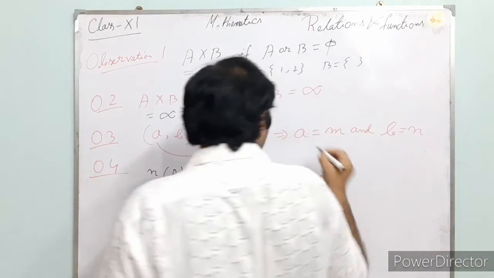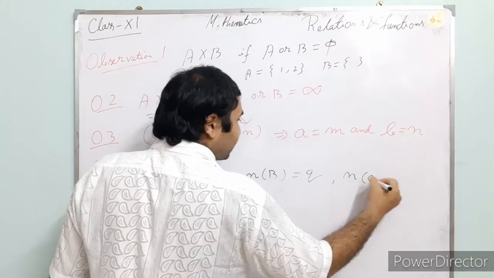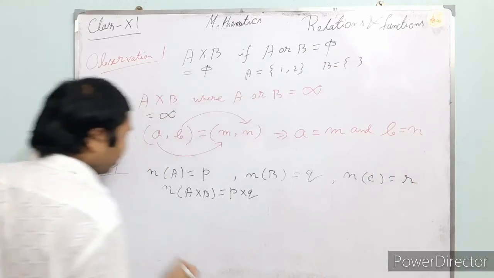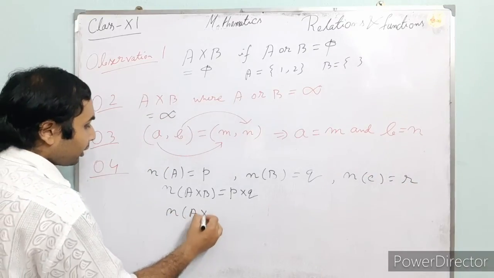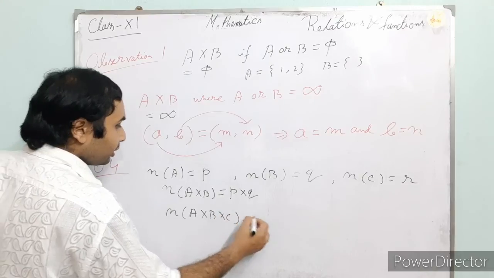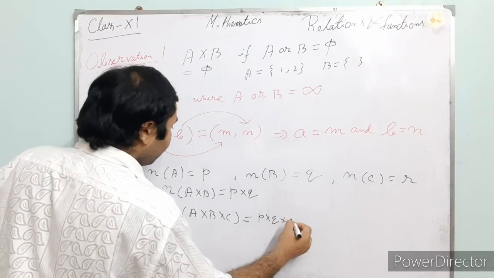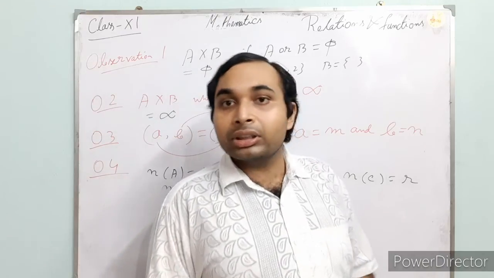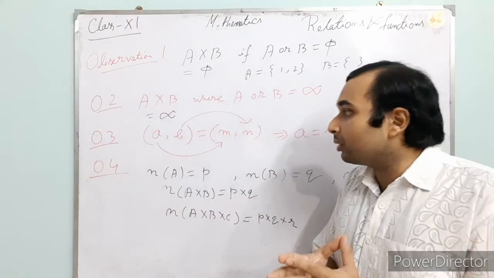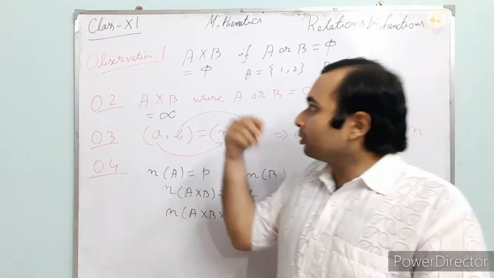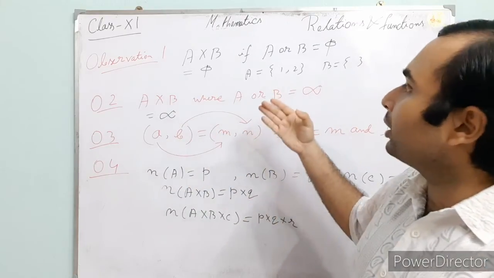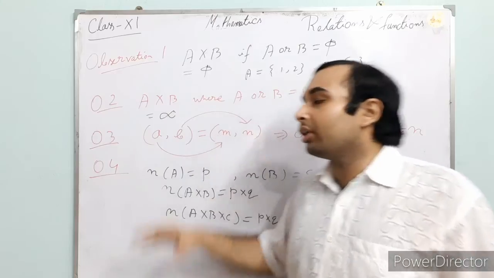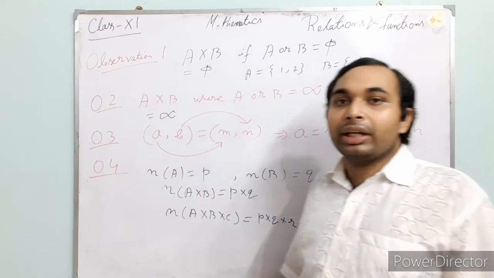Simple. If n(C) is R, then the cardinality of A cross B cross C is P into Q into R. Simple observations. So I think you have got this concept. This concept will be hugely used in the next part, that is the main part of our chapter, relations and functions.